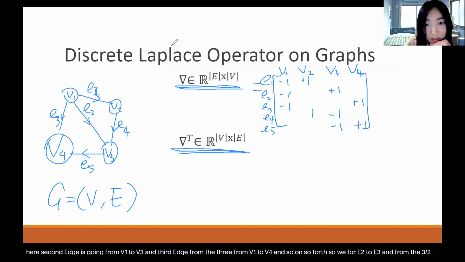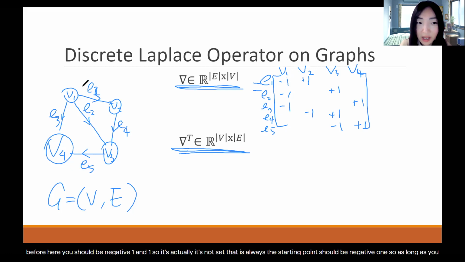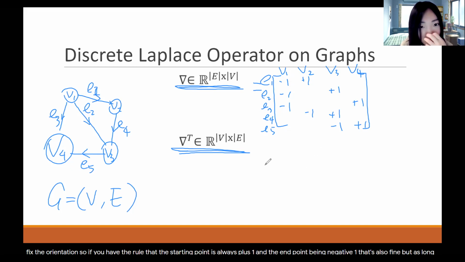It's not set that the starting point should always be -1. As long as you fix the orientation, so if you have the rule that the starting point is always +1 and the end point is -1, that's also fine. As long as you keep the same orientation throughout the whole matrix, that will be fine.